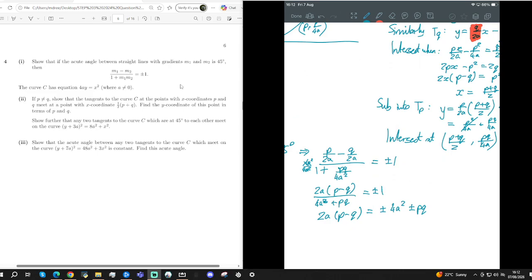This does feel like there's going to be, because this thing here is P times Q, this is 2a squared. Well, this is a 2a and a 2a, so it's quite plausible that this could factorize in some cases.